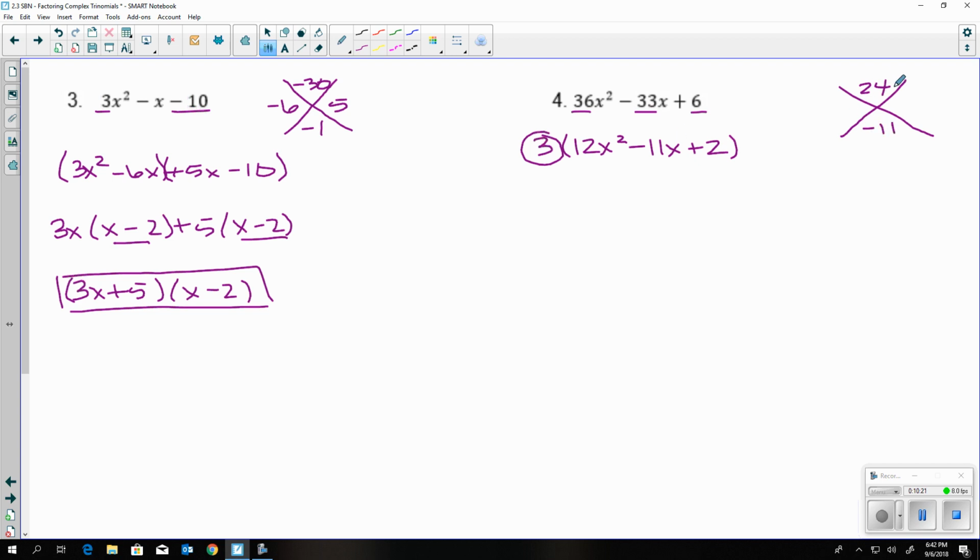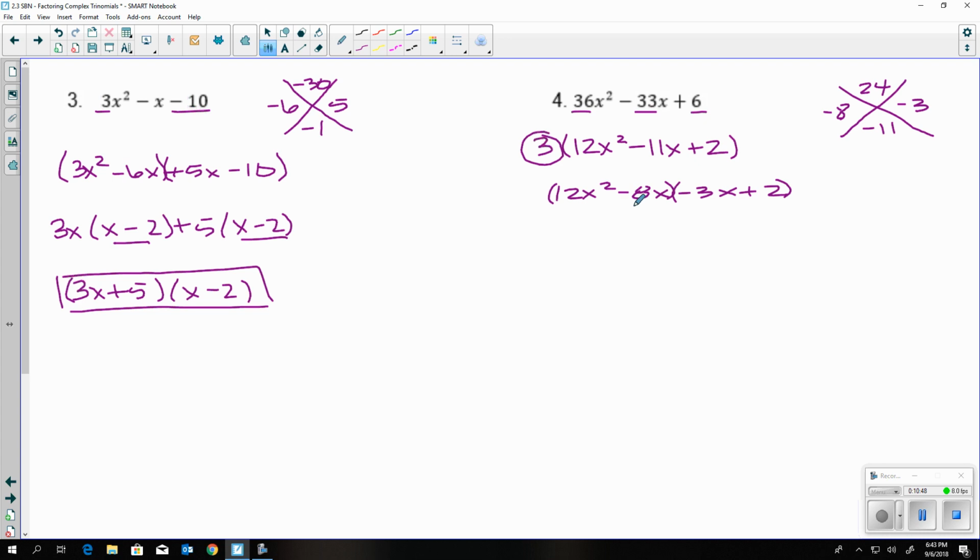So I'm going to rewrite this problem. 12x squared minus 8x minus 3x plus 2. I'm going to factor this by grouping. So group the first two, group the second two. So 12x squared minus 8x, I can take out a 4x, and I'm left with 3x minus 2.